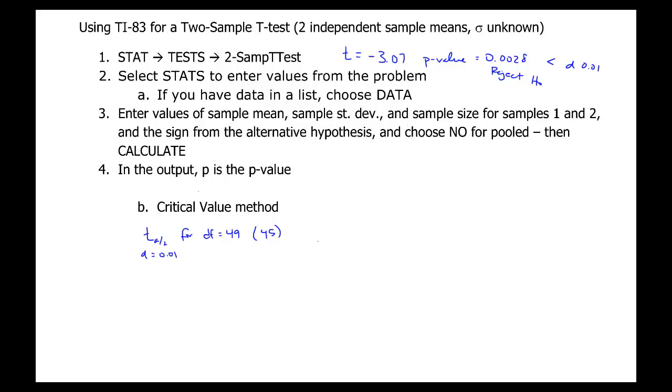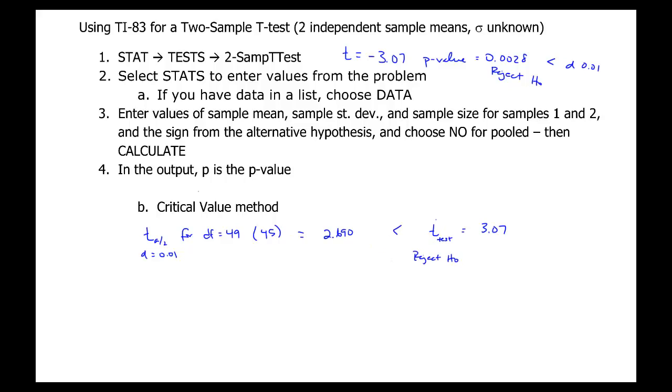The number in the table for t is 2.690. Our test t, if you take the absolute value, was 3.07, and since our test t is bigger, reject the null hypothesis. Okay.